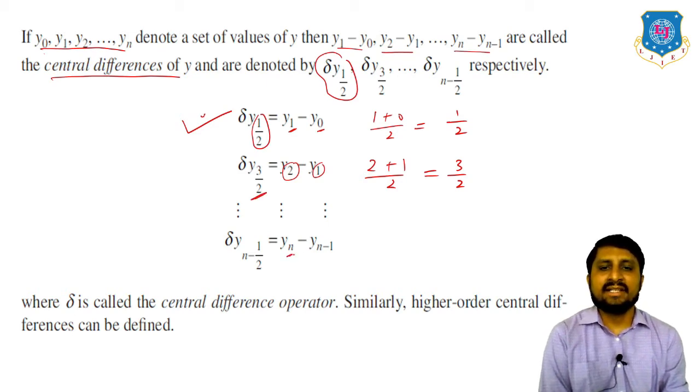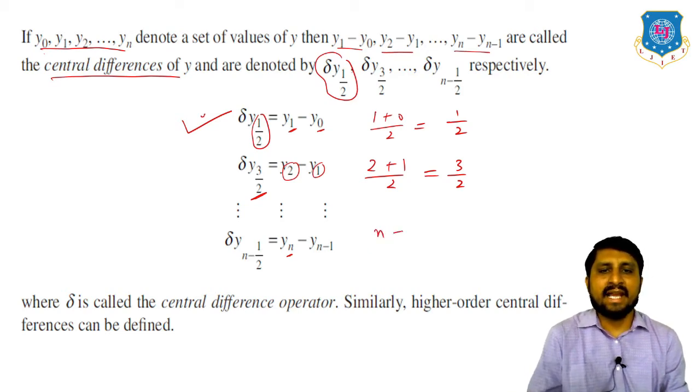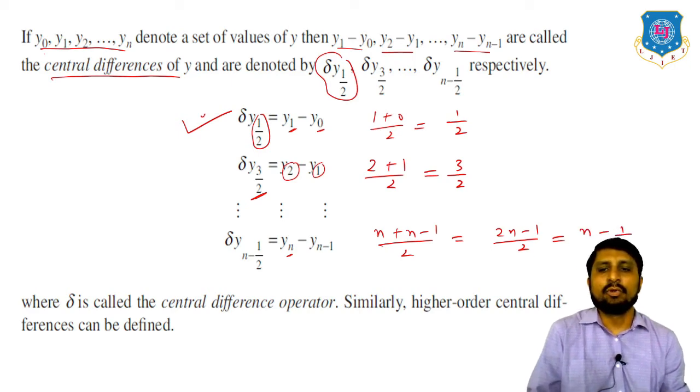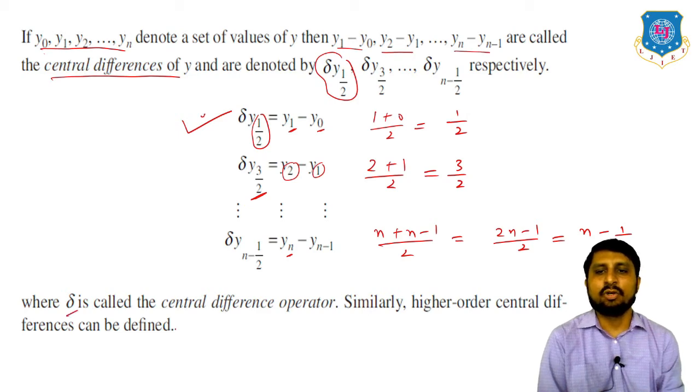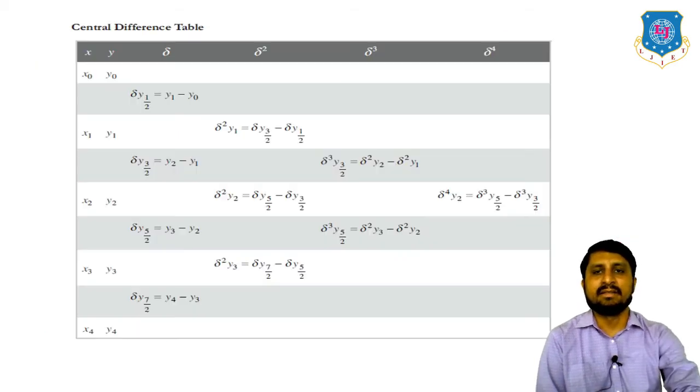Similarly, yn minus yn minus 1: n plus n minus 1 divided by 2, that is 2n minus 1 by 2, that is n minus 1 by 2. This small delta is called the central difference operator, and similarly higher order central difference operators can be defined.